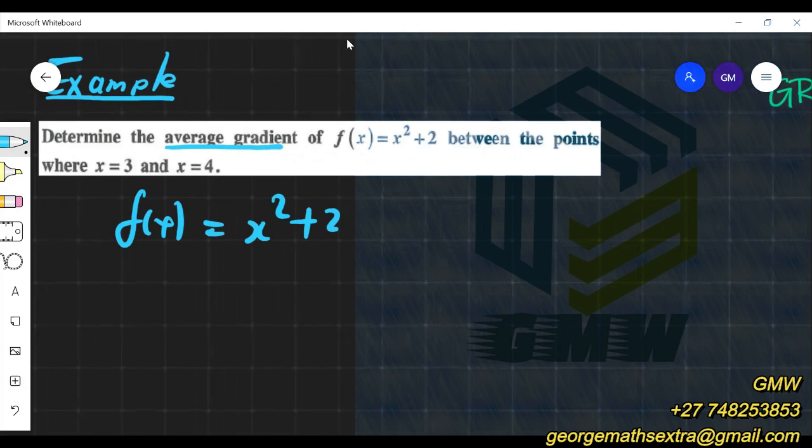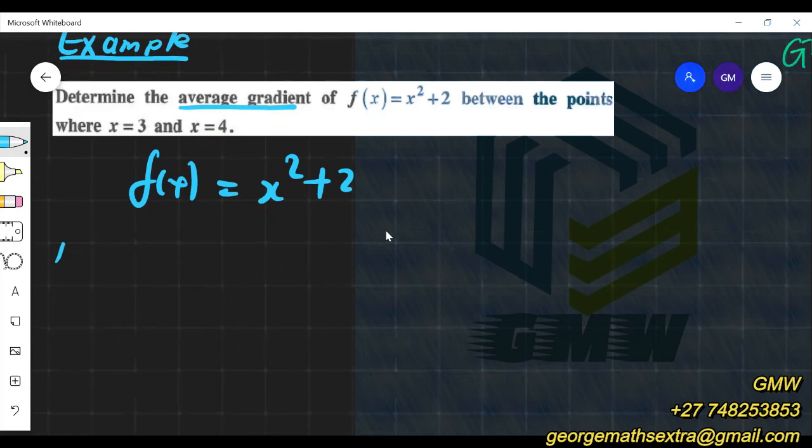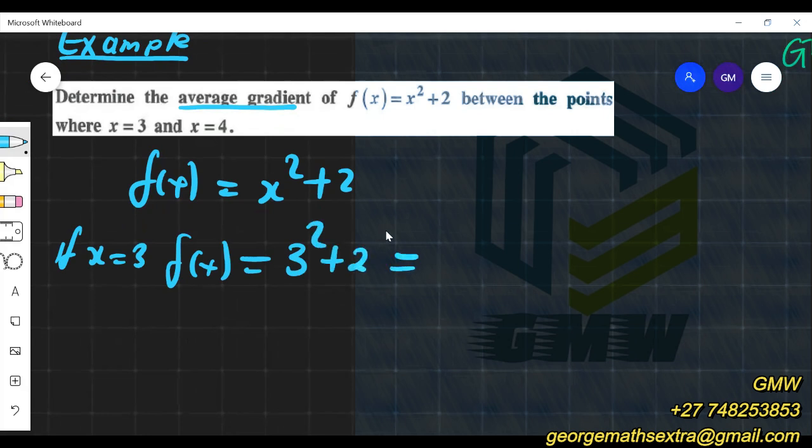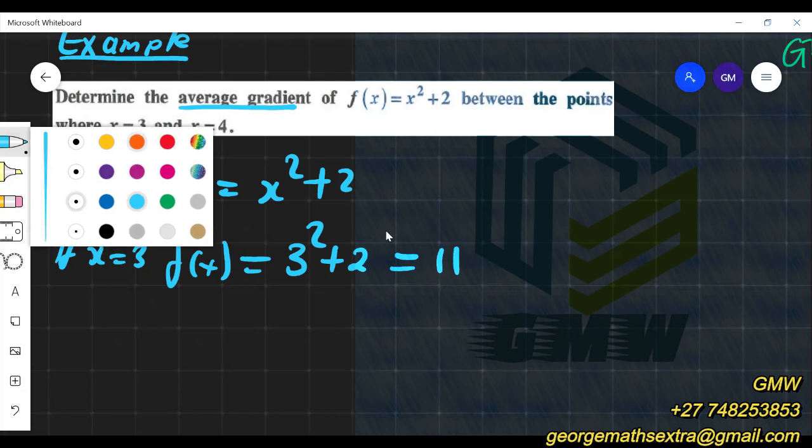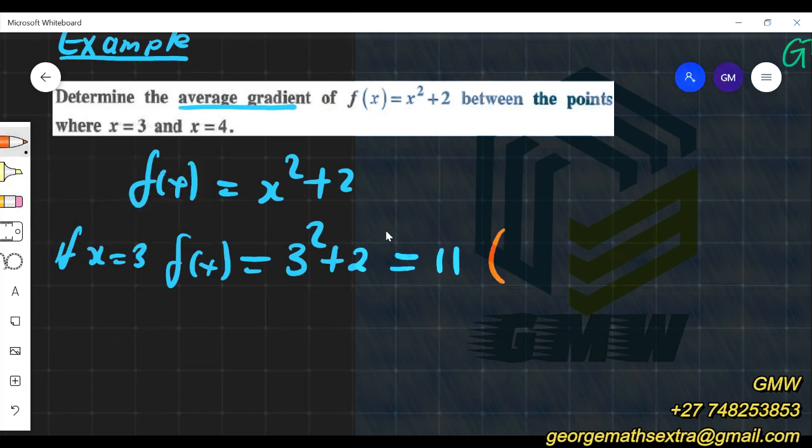But for you to do change in y over change in x, you must know the x values and also the y values, isn't it? So if x is 3, we need to know what y will be, right? 3 squared plus 2. What do you get? 11. So you now have the point with complete coordinates 3 and 11.